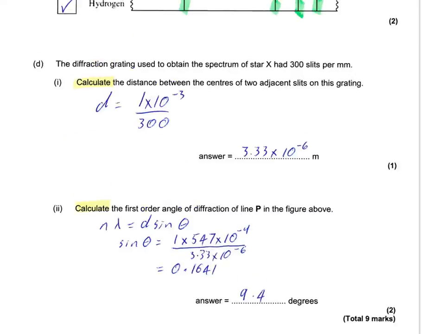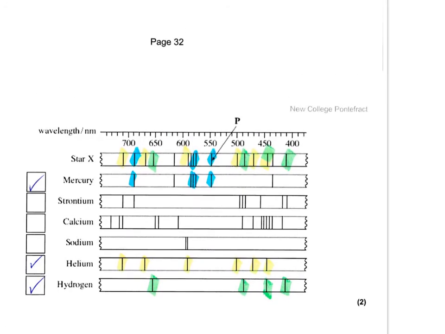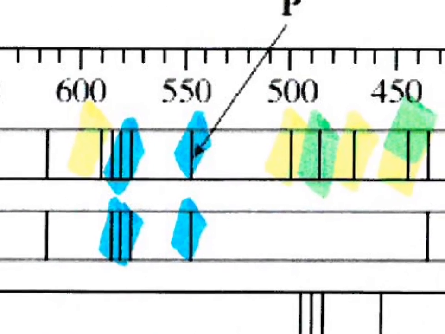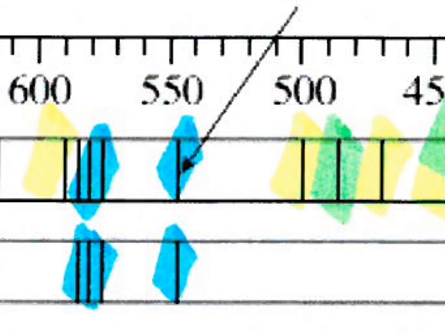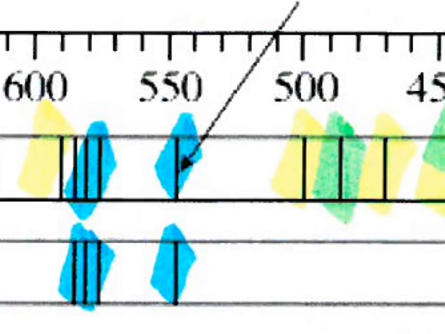So I go back to the diagram, zoom in onto where P is marked, really zoom in here, and draw up a nice vertical line. We can see that we've got 500, 510, 20, 30, 40. It's over 545, it's under 550.